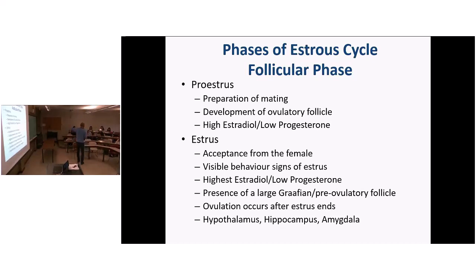Once they reach that very, very high amount, then you switch. And once you have that switch, this is what the estrus phase is. The estrogenic phase is when you switch the negative feedback to positive feedback in the hypothalamus, and that's when you cause your peak of GnRH and also LH. Okay?